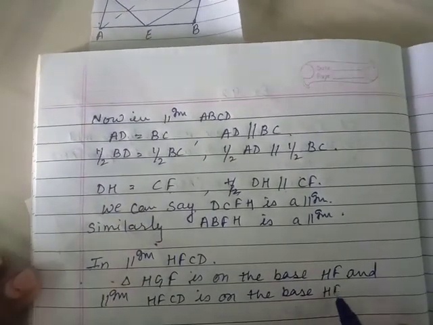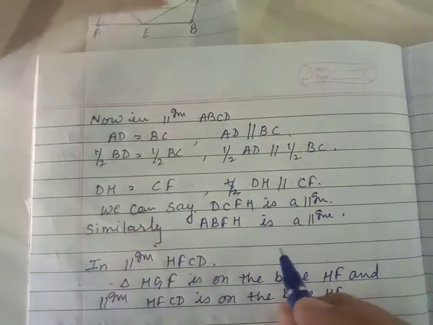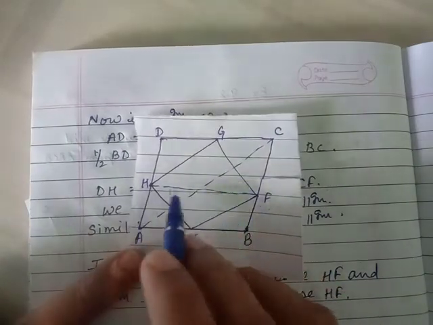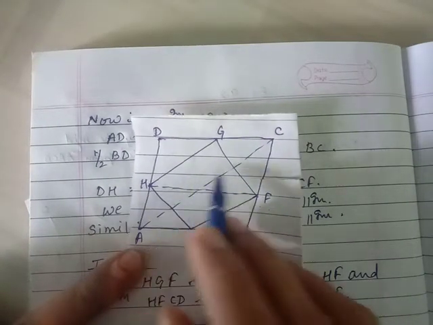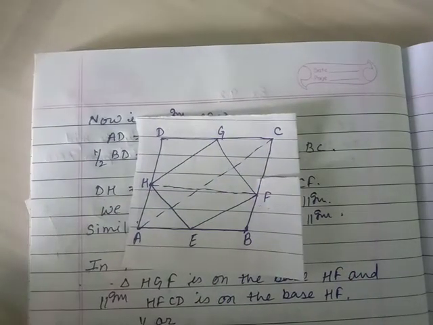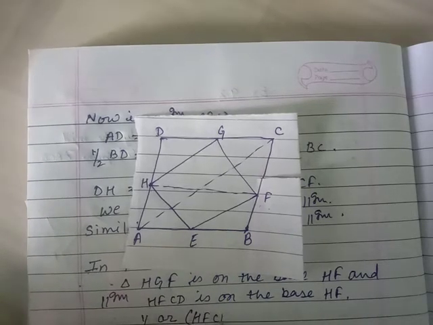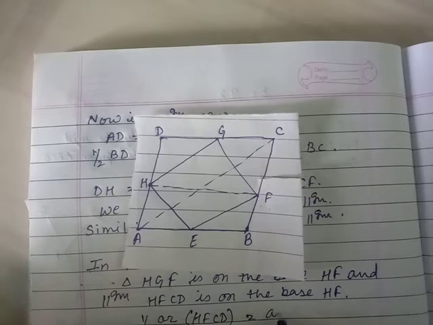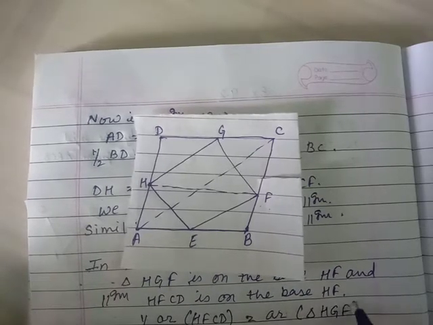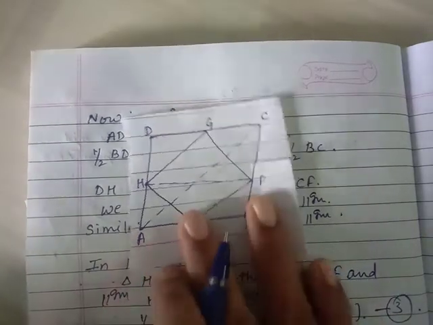Okay, so we can see that the area of this triangle is half of the area of this parallelogram. This we have studied. Half of area of parallelogram HFCD is equal to area of triangle HGF. This is our equation number 3.